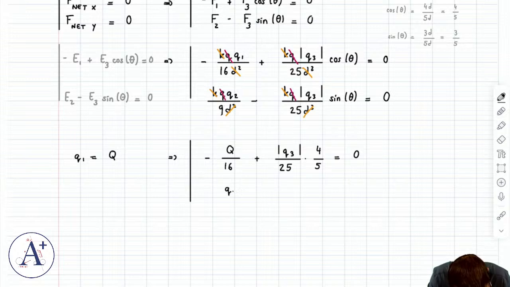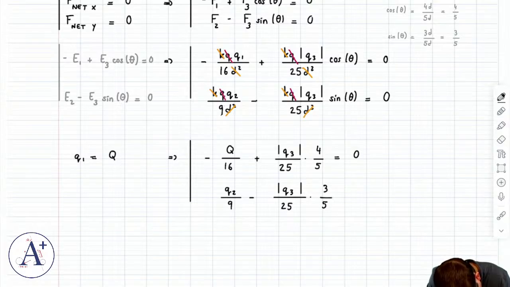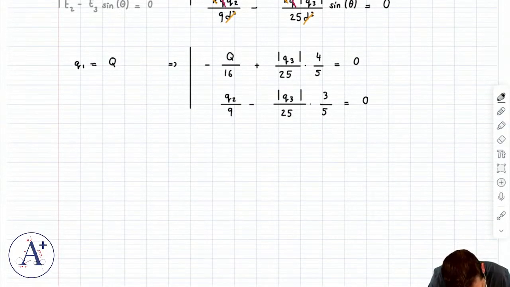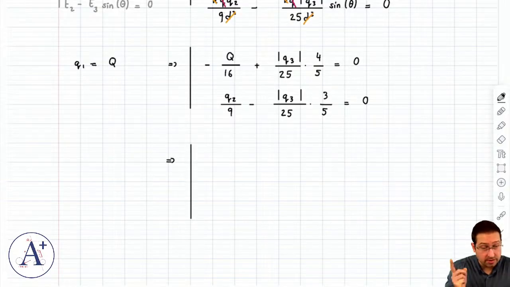And then here we're going to get Q2 divided by 9 minus absolute value of Q3 divided by 25. Sine theta is 3/5. All right, that's equal to 0. Okay, so the first one tells me what absolute value of Q3 is. Okay, don't forget Q3 is negative, so we're going to have to say that specifically at the end.